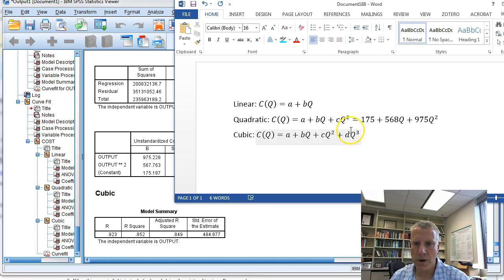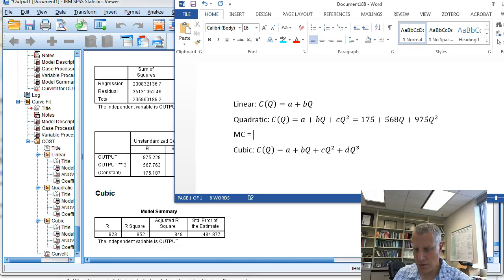Okay, so with that quadratic, the marginal cost is equal to the first derivative of the cost function. So that would be 568. Now I'm going to type it out.